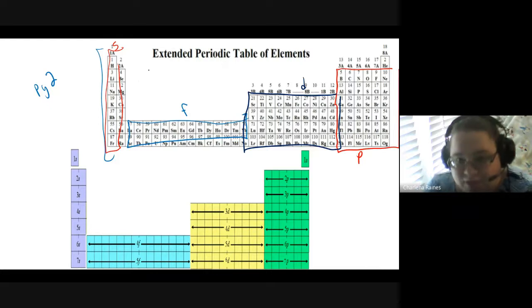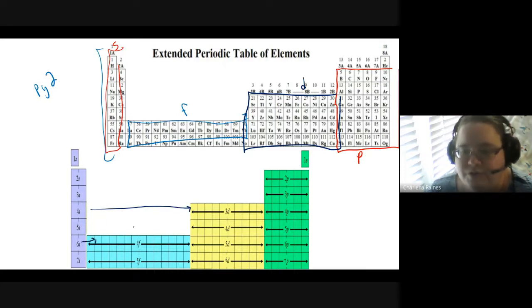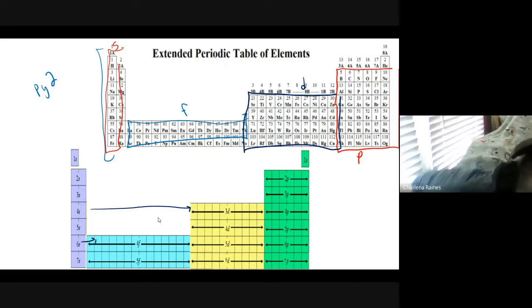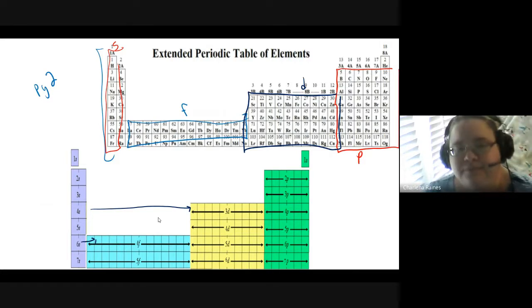Now, this is provided for you when you print out your periodic table. Again, feel free to label it. This is not, but it is a good tool to remind you that my D's drop 1 energy level and my F's drop 2. So we can actually see that overlap, that decrease in energy levels with those harder to get to sublevels.